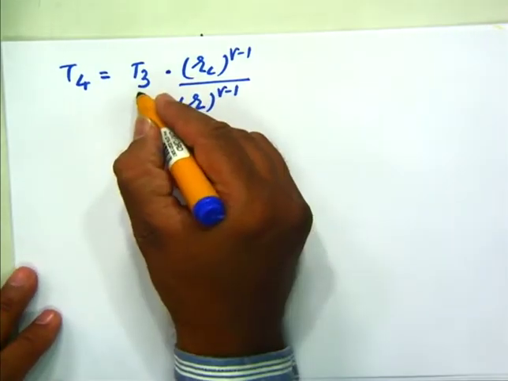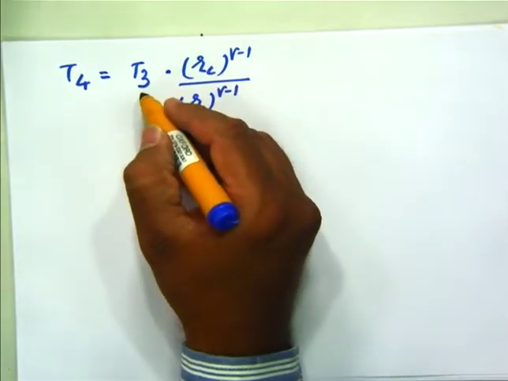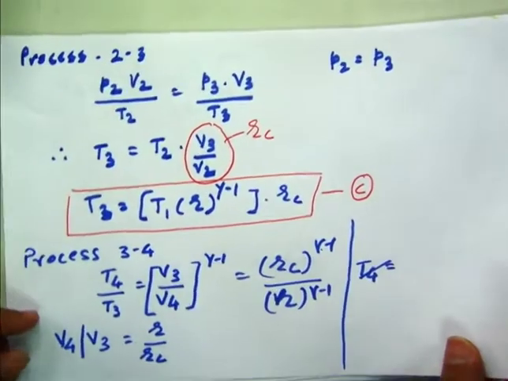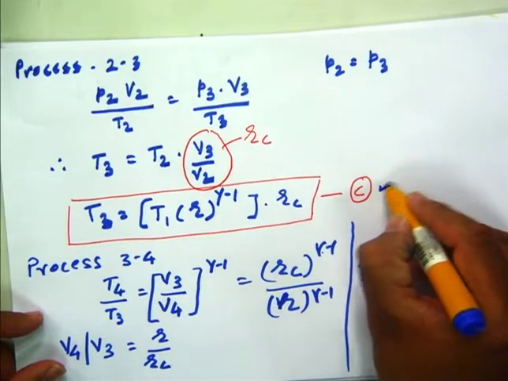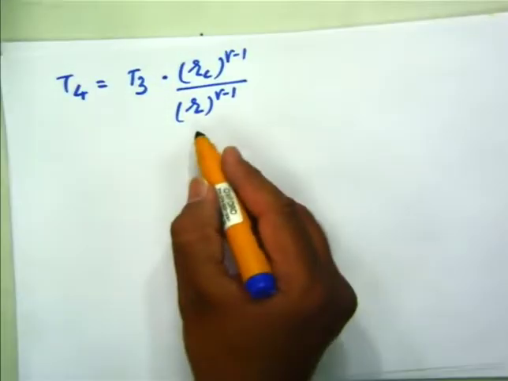Now you have to take this value of T3 from equation C and substitute it in this equation.